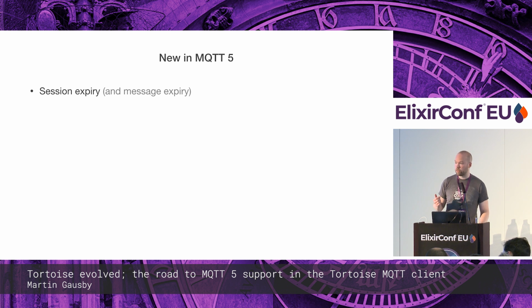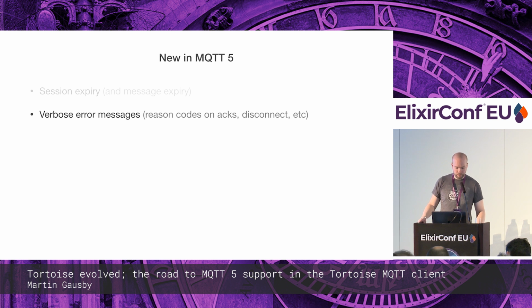Message expiration, you can use that for saying that if the message is more than 20 milliseconds in flight, then just drop it. Then we got more verbose error messages, and that allows us to basically know the reason why we were kicked off the broker. And this will be really good for Tortoise, because then I can tell you exactly what happened.